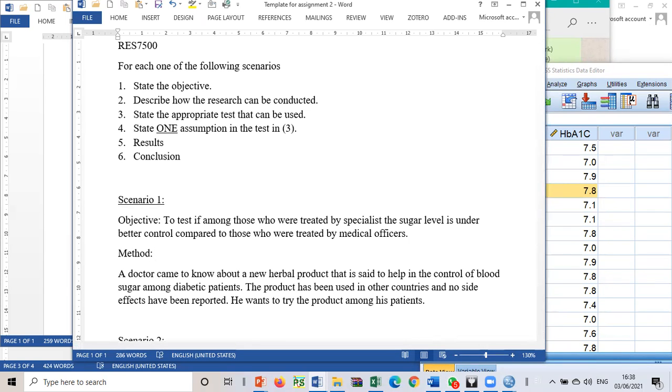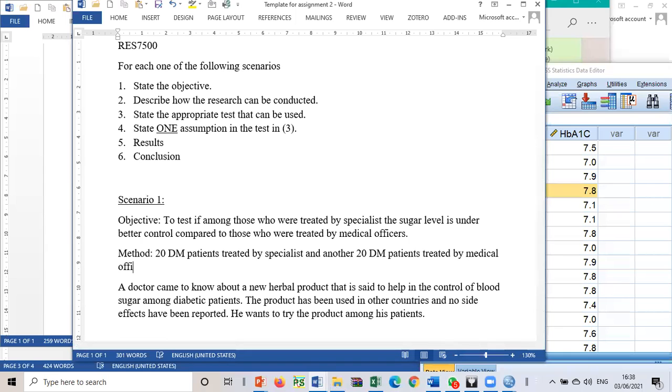Say example, just give an example. 20 diabetic patients treated by specialists and another 20 diabetic patients treated by medical officers. Medical officers will be selected randomly.